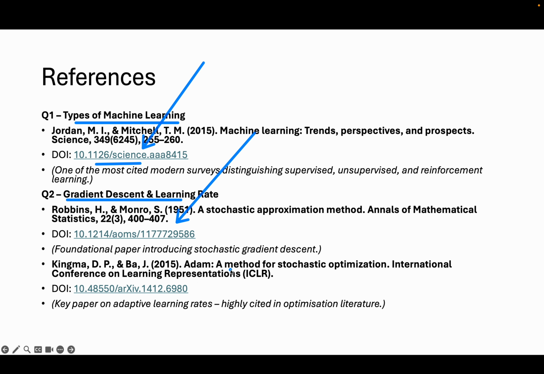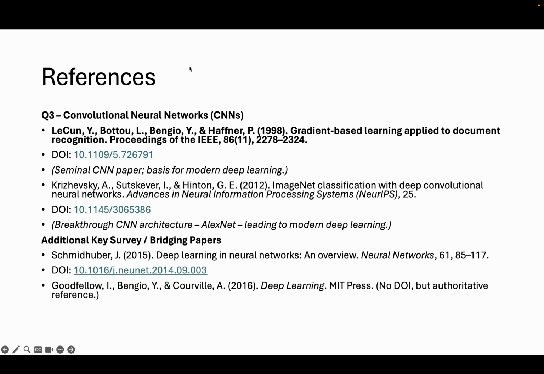And for adaptive learning, here's a link to the Adam paper that's on arXiv, so it's open source, publicly available. For convolutional neural networks, here we have one of the seminal papers that the models of deep learning are based on. We have a second paper, which is on the CNN architecture.